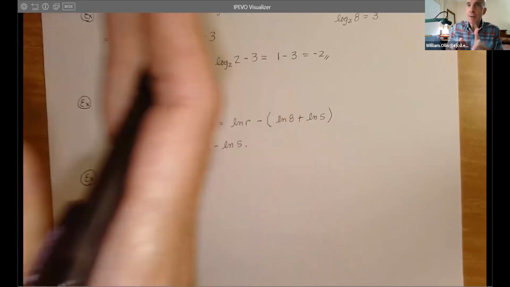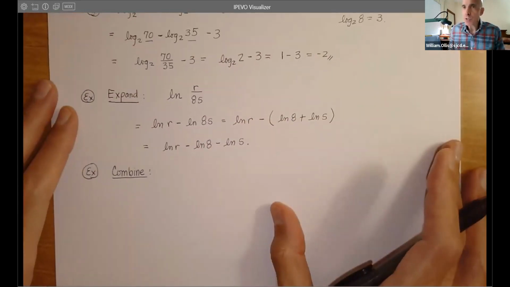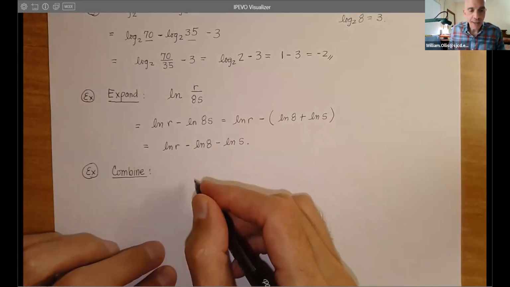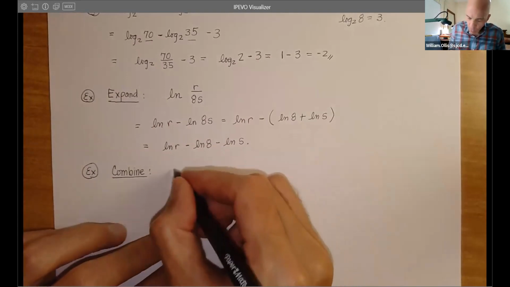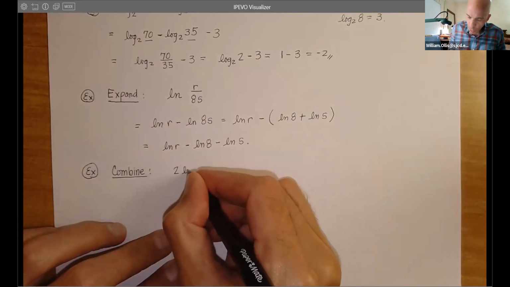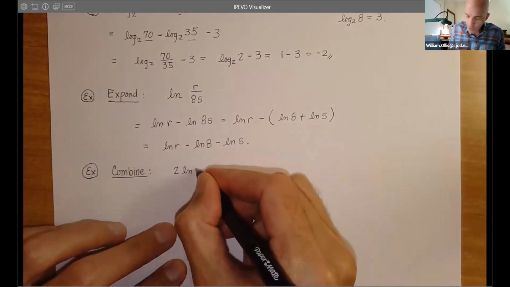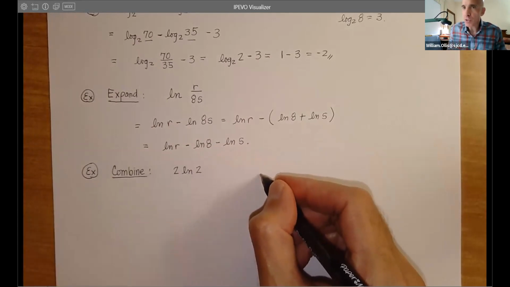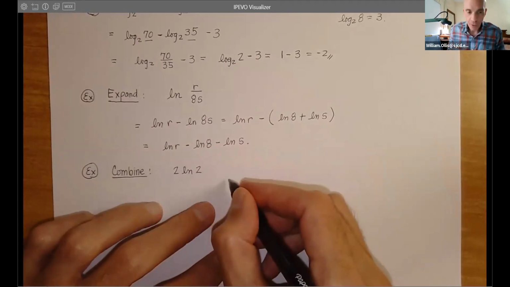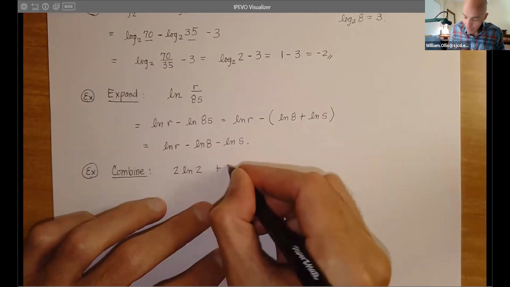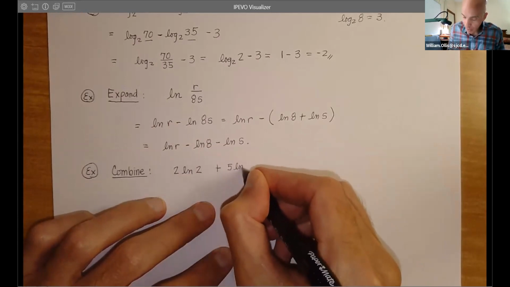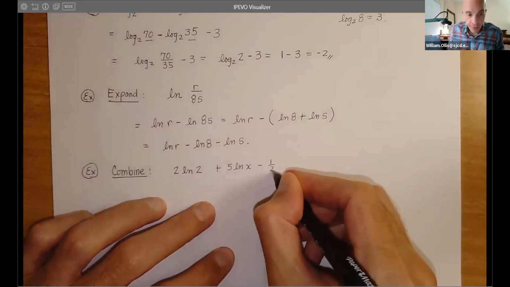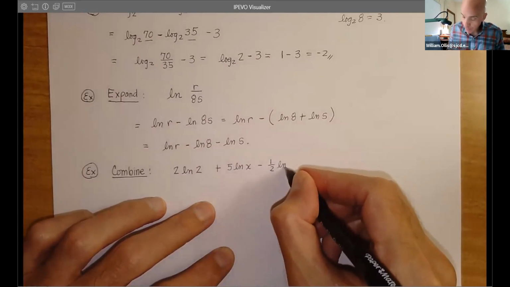So we would need to combine to make any effort to use that realizable. So here's an example from your WebAssign, and it looks like this. We have 2. Now, there's no preference here for the natural log. The natural log just comes up a lot, and maybe it's good that you get used to it for calculus. Plus 5 times the natural log of x.